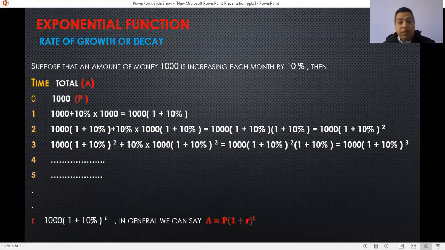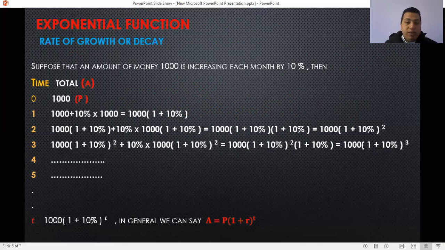Then we identified the technique we can use in general to find the growth function if you have an amount of money and this amount of money is increasing monthly. For example, Ahmed bought a house, and this house is increasing by the rate of 5% each year. Find the total price of the house after 10 years.